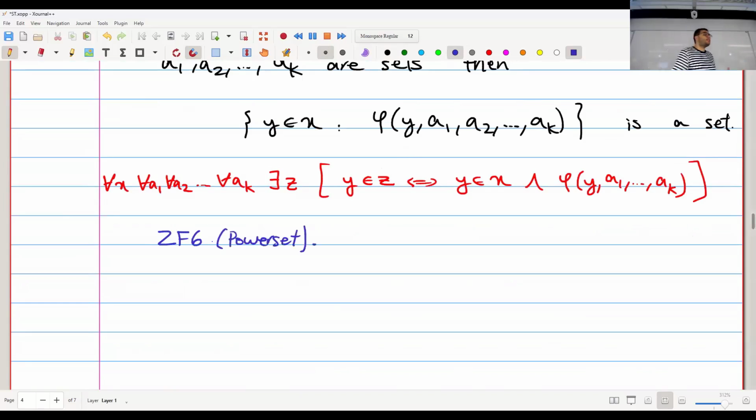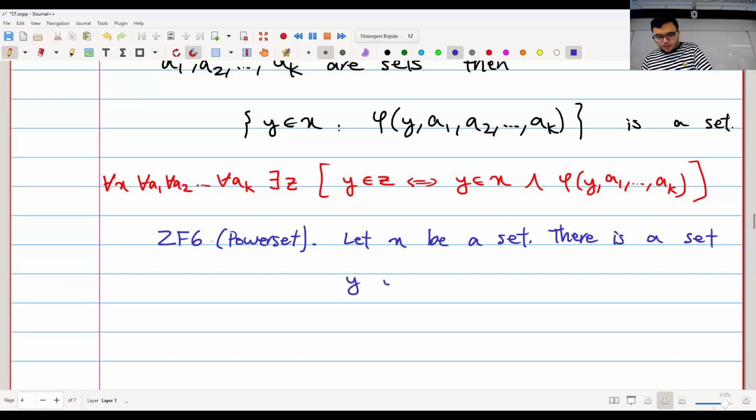Basically, it's that if you have a set, let's say you have a set X, then you will have another set that contains all of the subsets of X, right? So let X be a set. There is a set Y whose elements are subsets of X.